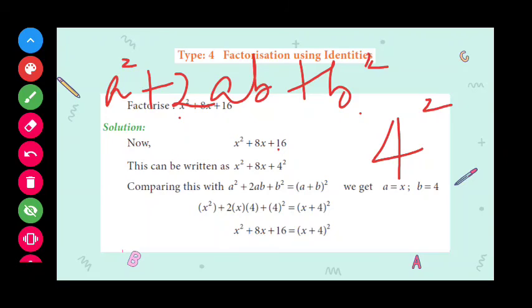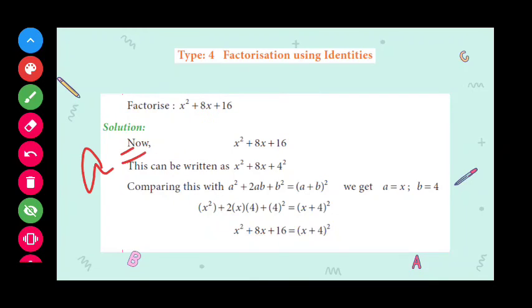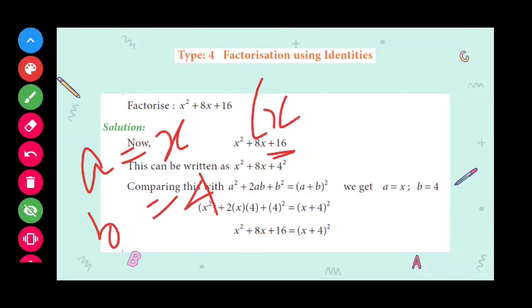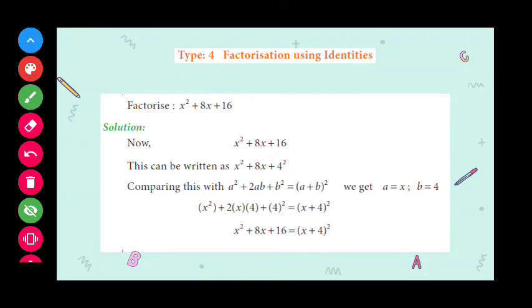So a is x and b is 4, because a square is x square and b square, 4 square, is 16. Now that you know your a value and b value, you can write this as x plus 4 the whole square. Clear?